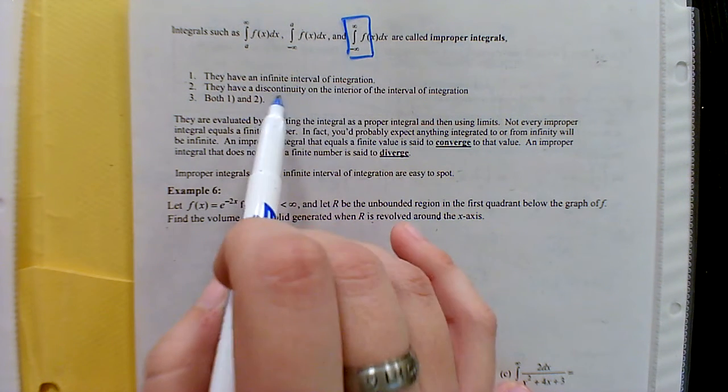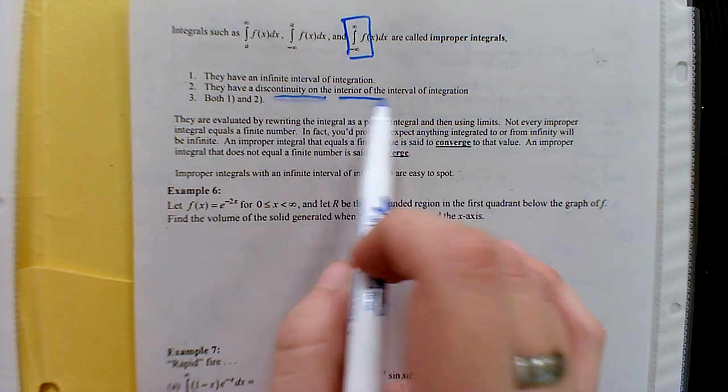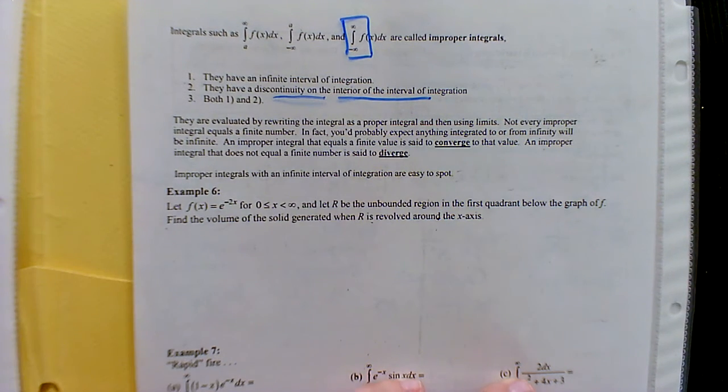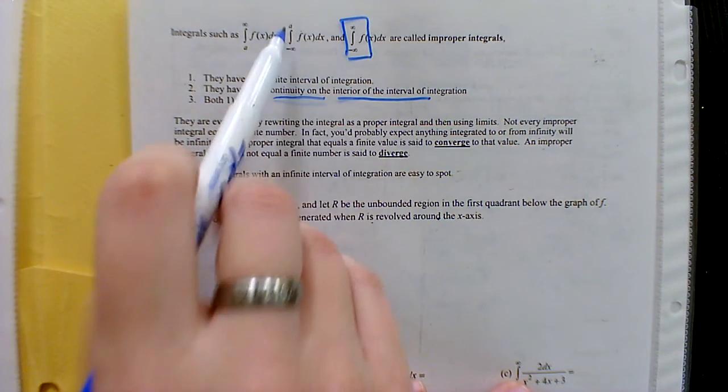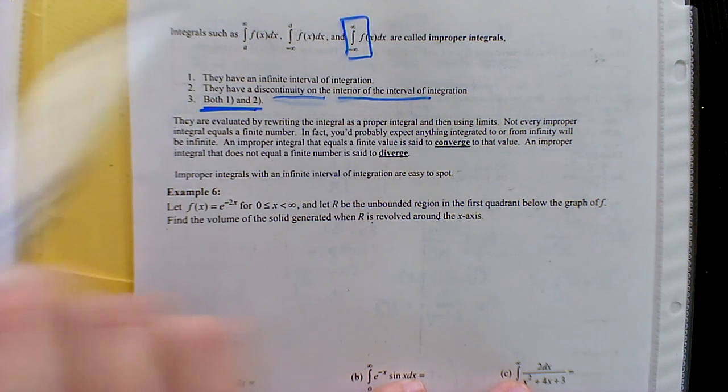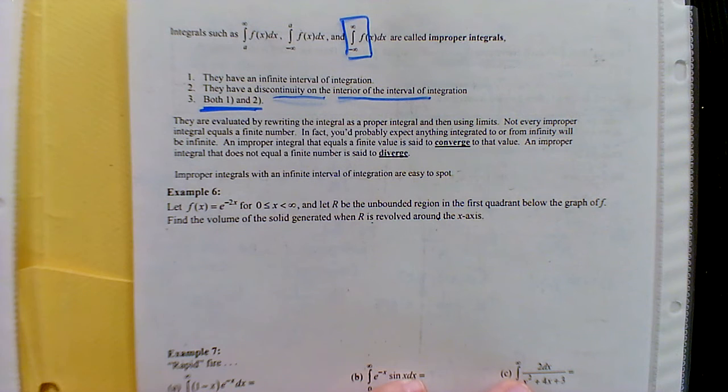You could have a discontinuity on the interior of the integral. For instance, you have a vertical asymptote somewhere happening in between the bounds, so we're going to check that out. Or maybe you have a combo of the two. So for these improper integrals, you're either looking for an infinity bound or some type of discontinuity between the bounds.